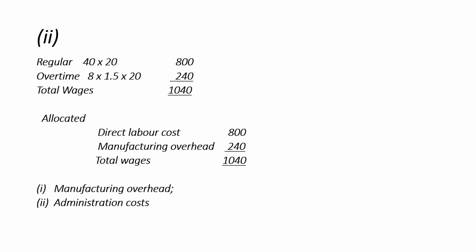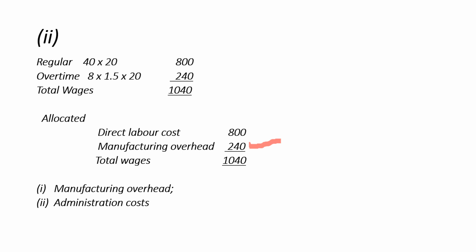Okay, so if you didn't know this, that the overtime would be manufacturing overhead, but the overtime can become direct labor cost if the customer asks you to work overtime on the product for him. Then it becomes direct labor cost.